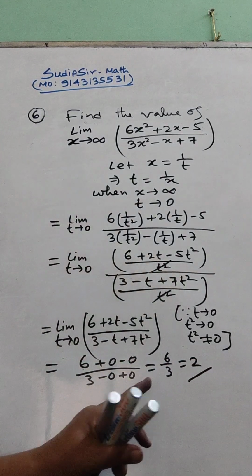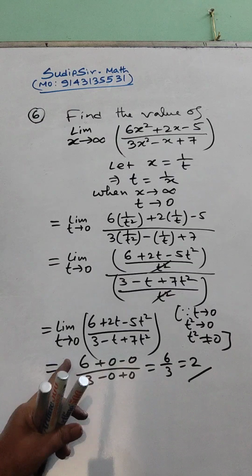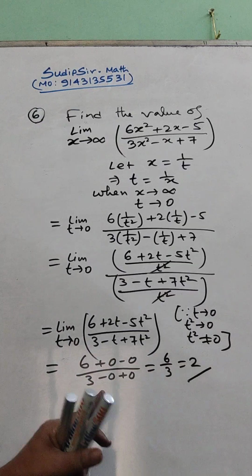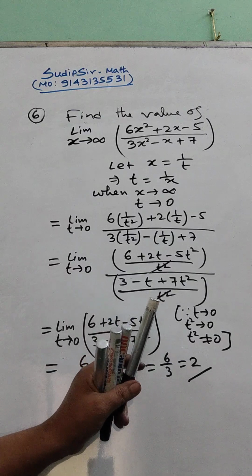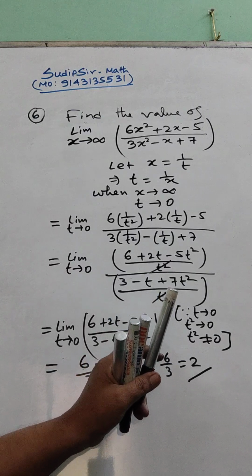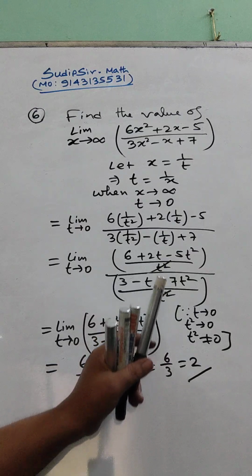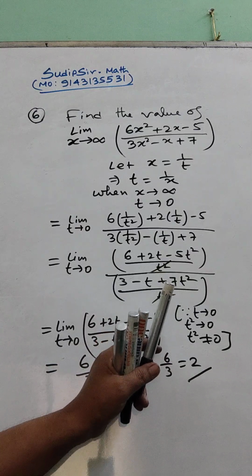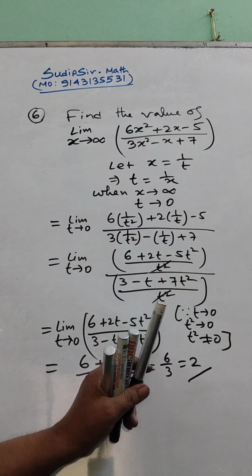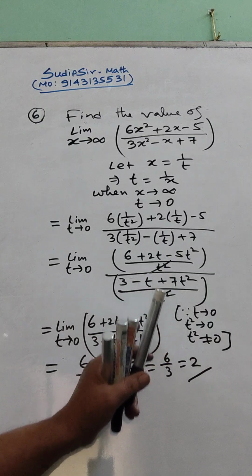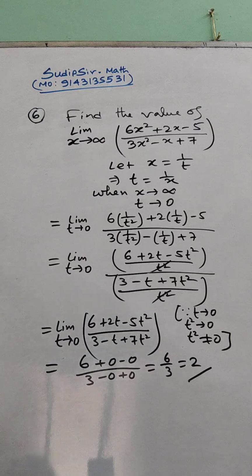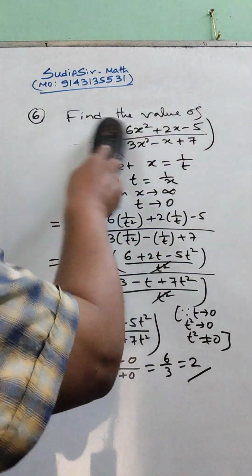It is clear, when t equal to 0, t square is also 0. That's why the limiting value becomes 2. Okay. Now another example.